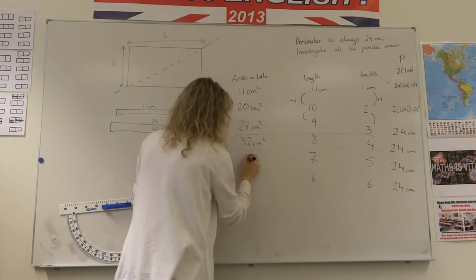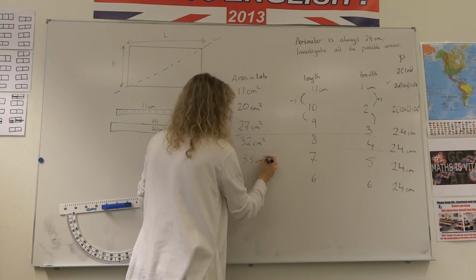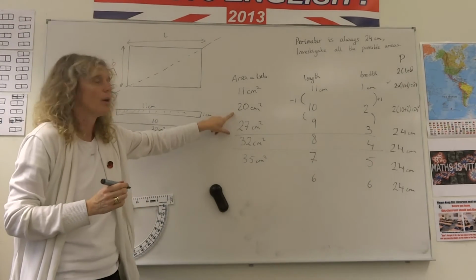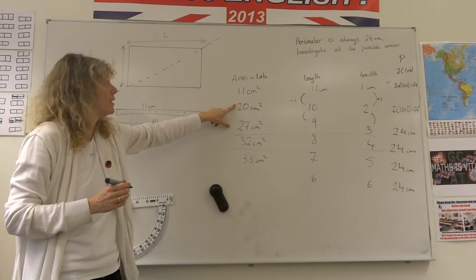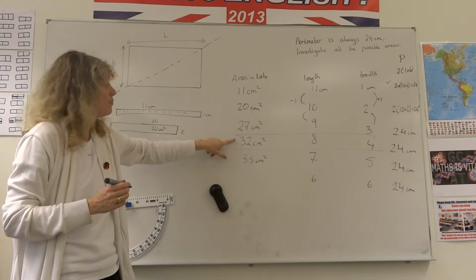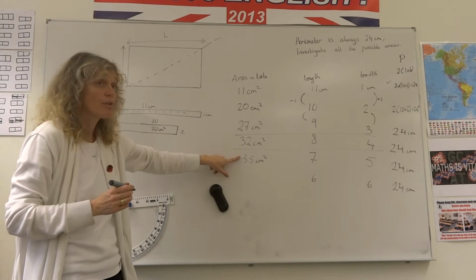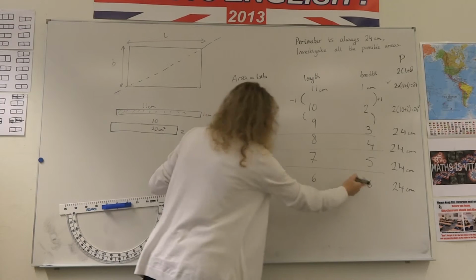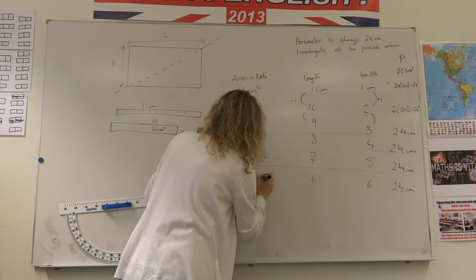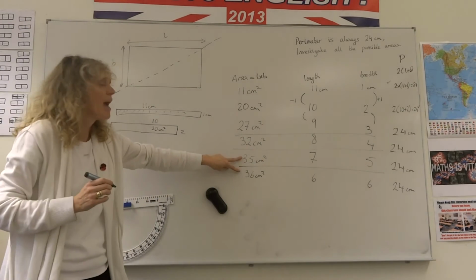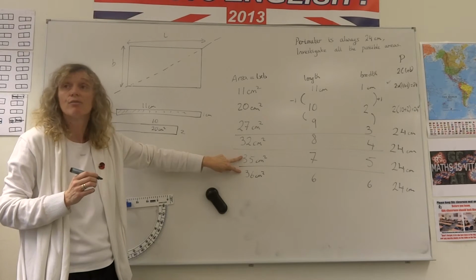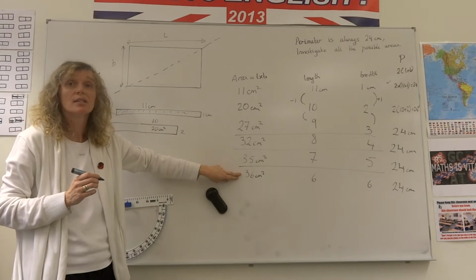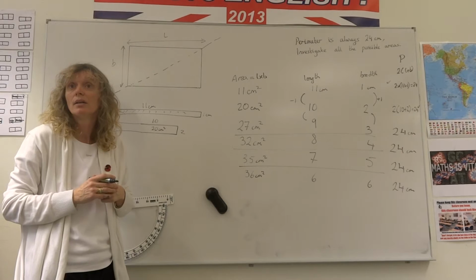7 fives are 35. So the change is not as big now for every one. Here we had a change of plus 9, then plus 7, then plus 5, then only plus 3. And here going from 35 to 6 sixes are 36 centimetres squared. So the difference in area between a 7 by 5 rectangle and a 6 by 6 square isn't actually very big.